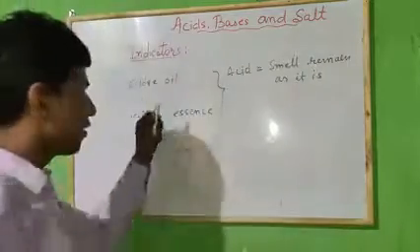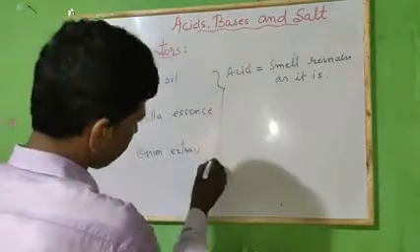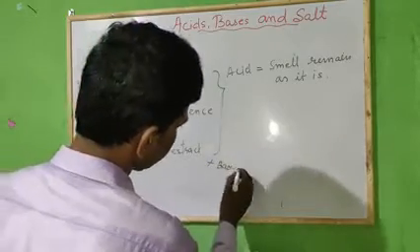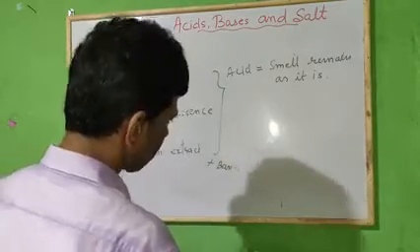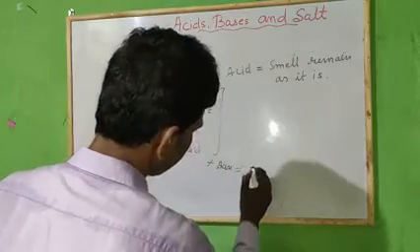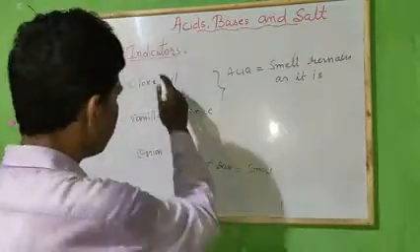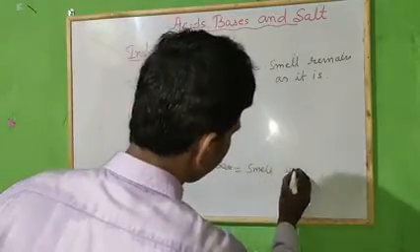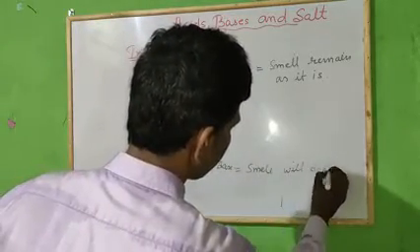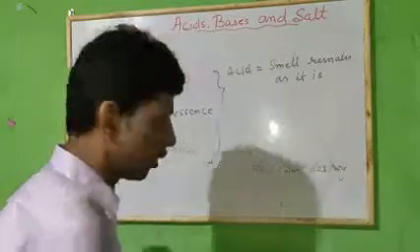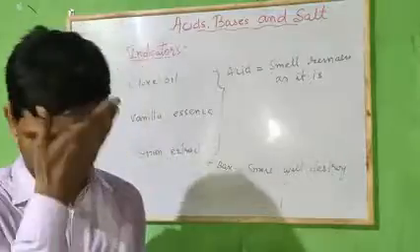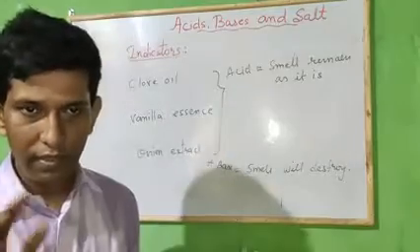It means the smell will not be destroyed with acid, but when they come in contact with base, their smell will be destroyed. Clear? So in this way, by using these indicators, we can easily understand whether the given liquid is acidic or basic in nature.